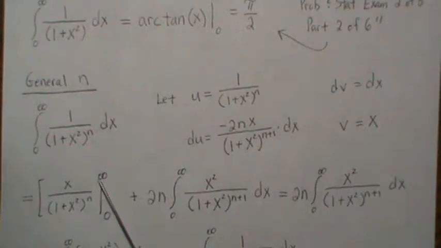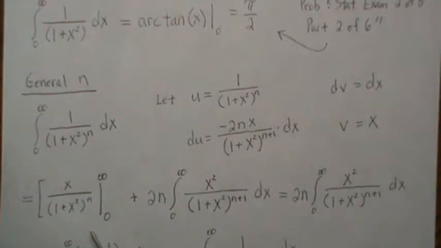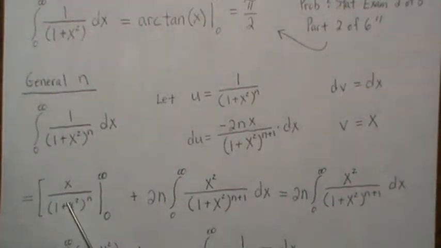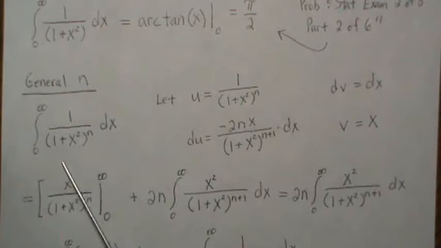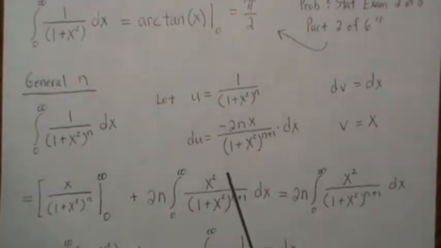Now here, when you stick in infinity, this dominates this. So this goes to infinity so much faster than this that it goes to 0, and you can use L'Hopital's rule to show that. And then when we plug in 0, we get 0. So actually this piece here goes away, it's 0, and we're just left with this piece.